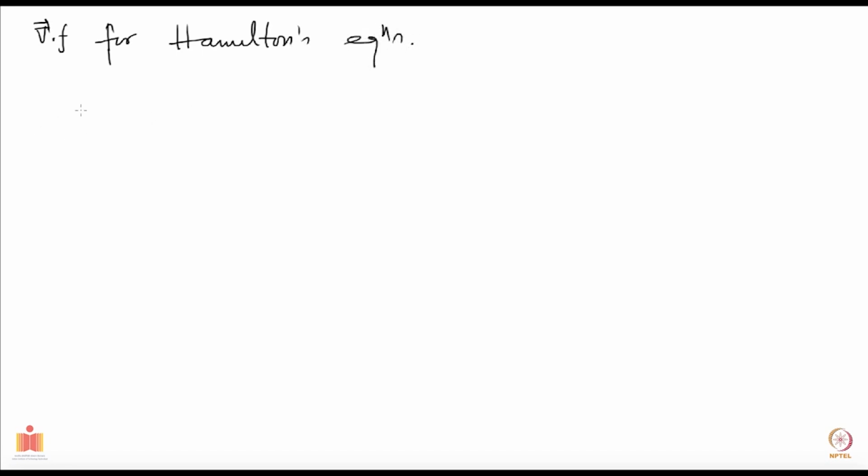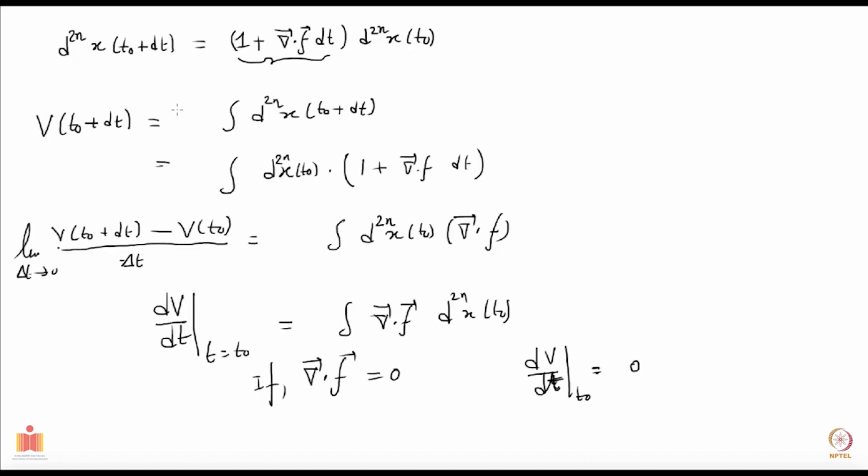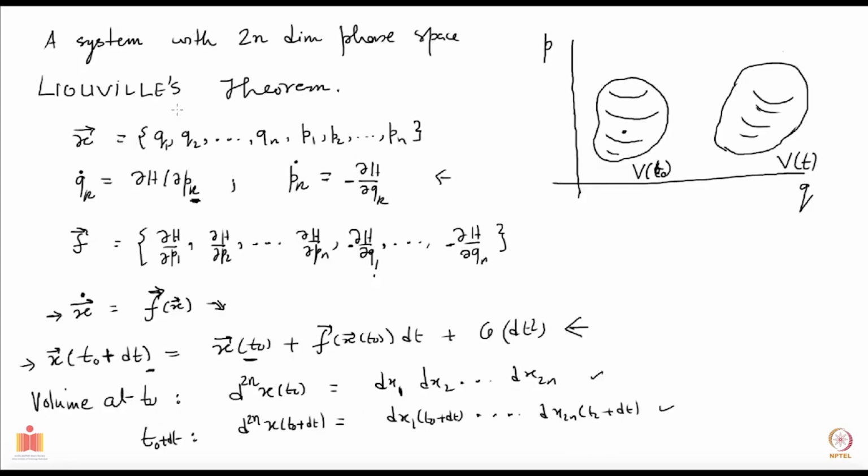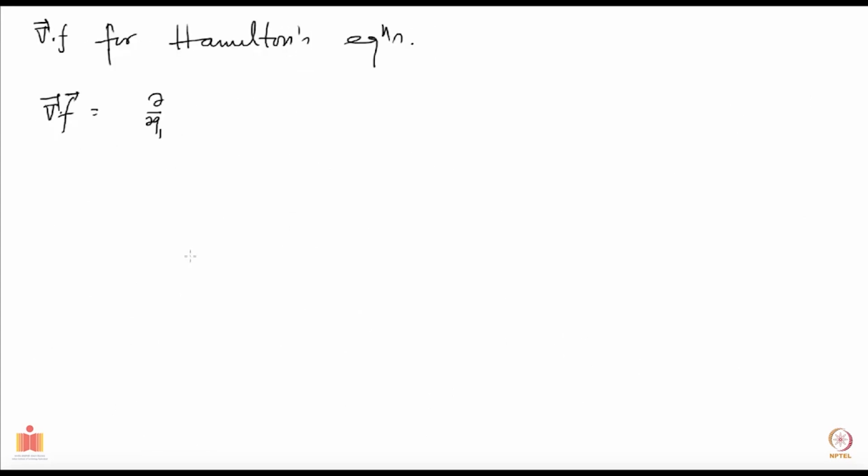So your divergence of f is, let's recall, ∂/∂q₁, that's the first coordinate, and then recall what f was. f was ∂H/∂p₁. Okay, similarly you keep on going up to qₙ, and you have ∂H/∂pₙ.